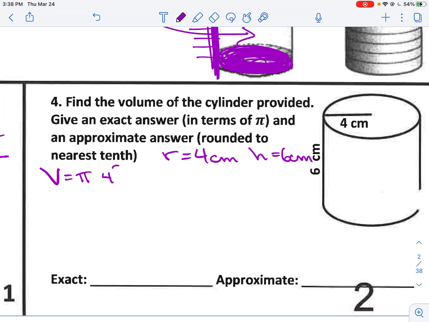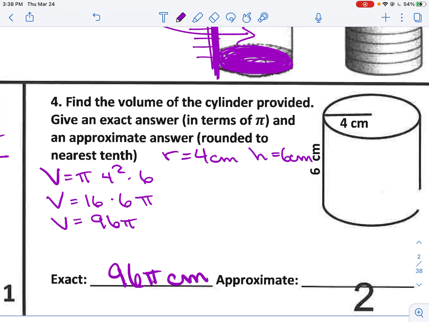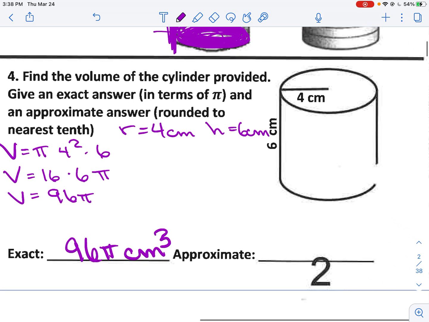So my r is 4 squared and my height is 6. So I'm going to put the pi at the end just because that's where it should go. So if I'm going to take 16 and multiply it by 6, I'm going to get 96 pi. So my exact answer is 96 pi centimeters cubed.